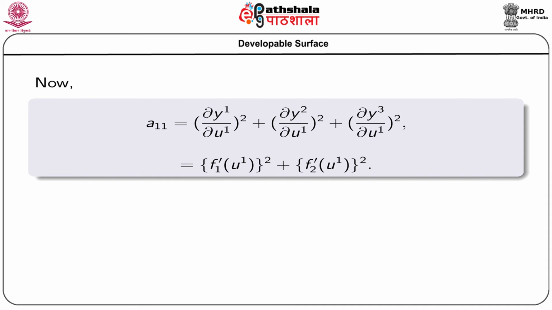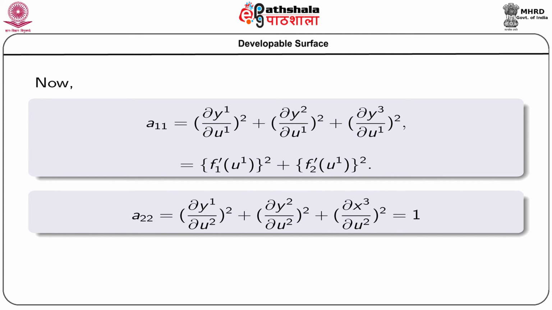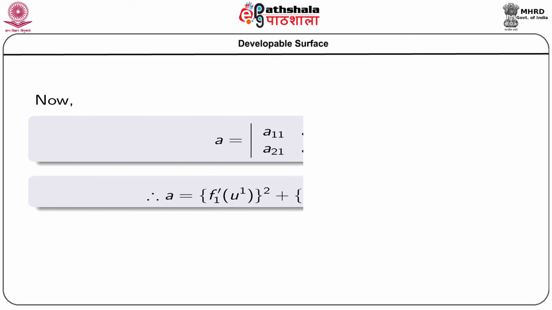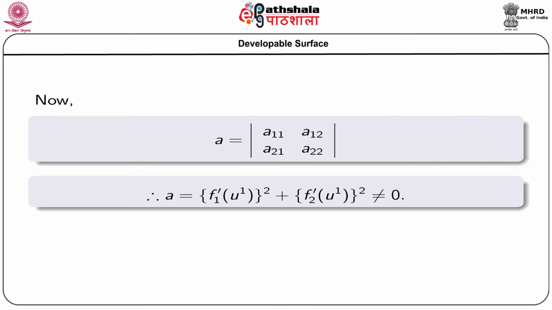If we find a11, it comes to this expression. And if we find a22, it comes equal to 1. If we calculate the value of a, the determinant of a alpha beta, we get this expression, where f dash denotes the derivative of the function with respect to u1.